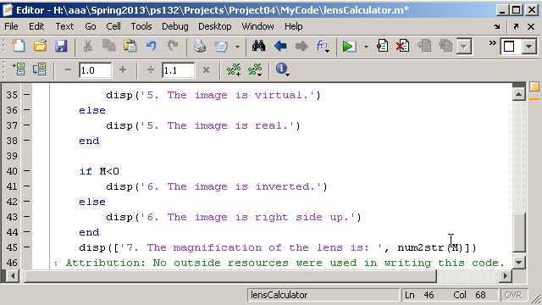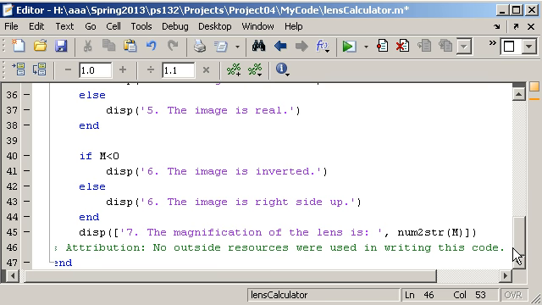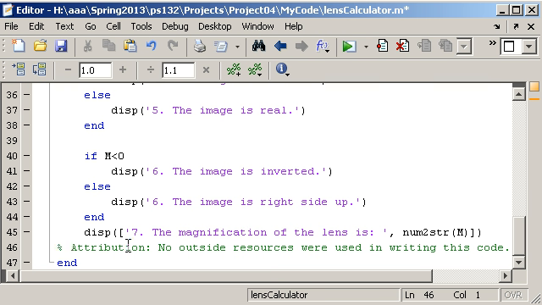So it's like I remembered num2str and was able to figure out how it worked, or get it to work by trial and error. Make sure your attribution does not read the same as mine, unless you did it all on your own.